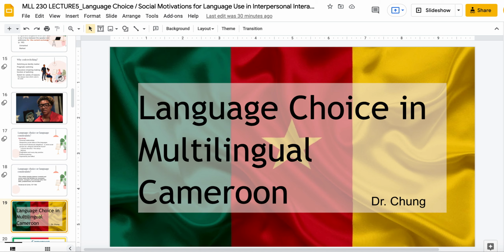Right. So our case study will be on language choice in multilingual Cameroon. We're gonna look at Cameroon, and maybe you can compare or contrast with Belgium, right? We talked about Belgium as a bilingual country, not without certain complexities, of course, but there are even more complexities in Cameroon, a place that is officially multilingual.